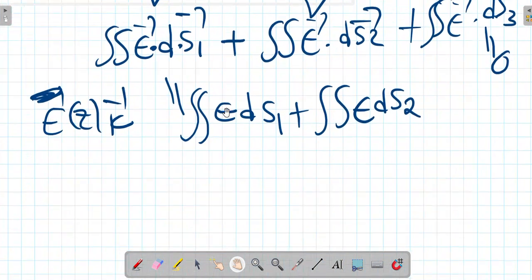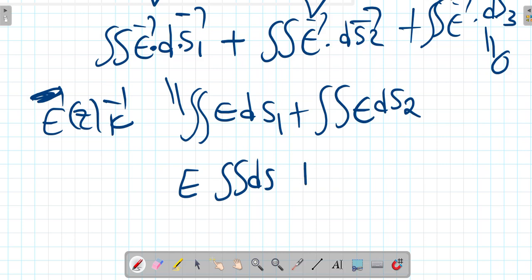In short, this is to help you know that you're going to take E out of the integral, so you're going to have dS1. Then plus E, because E is only dependent on z, and the surface S2 doesn't depend on z, so it's going to be dS2.